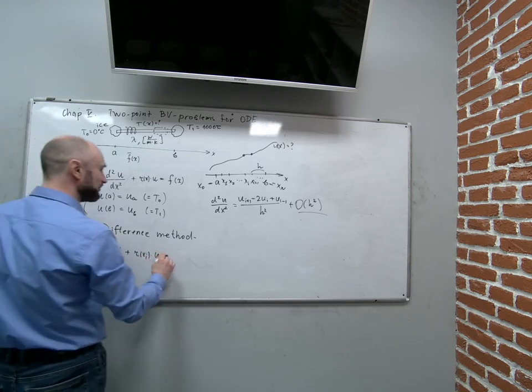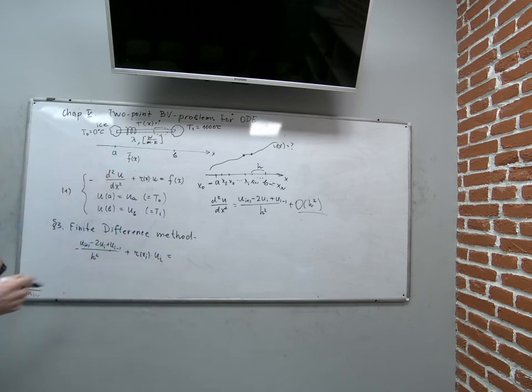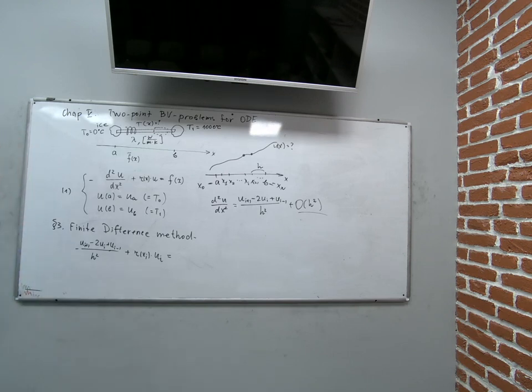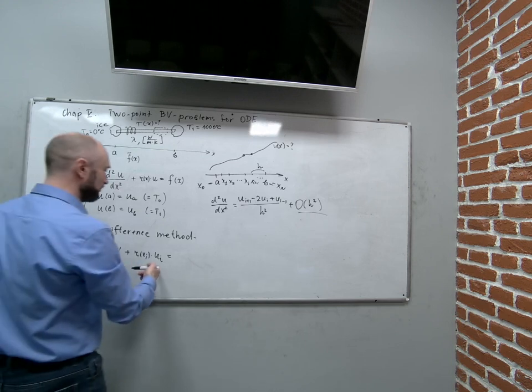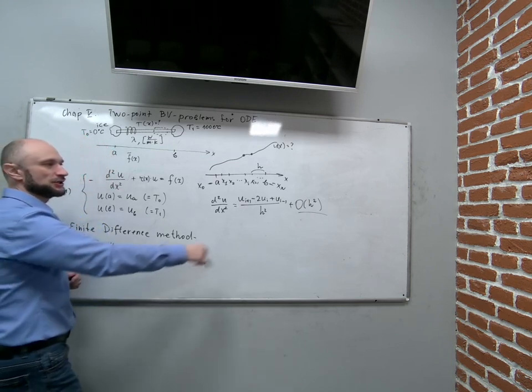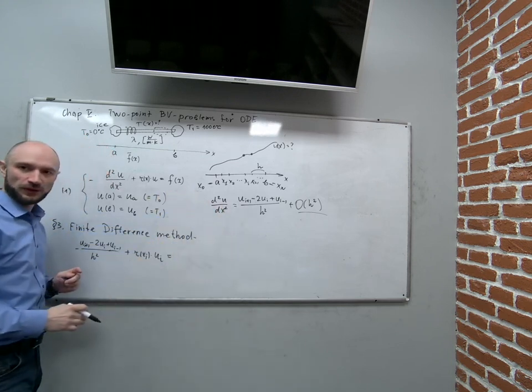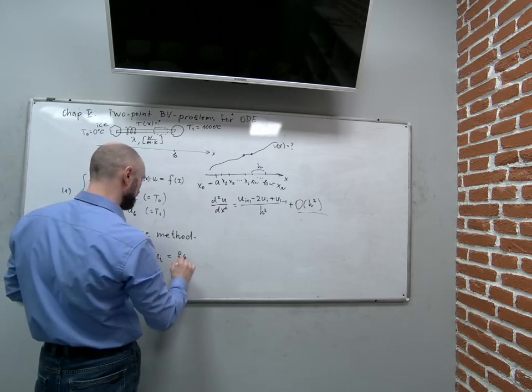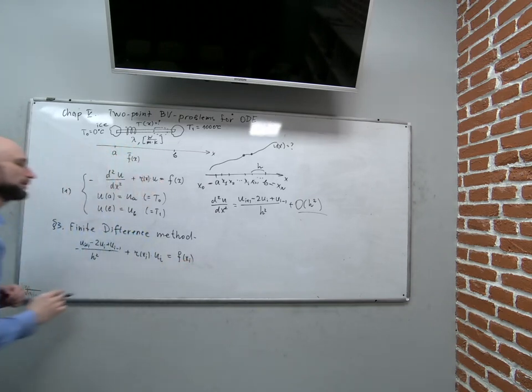If we know something specific about the behavior of our solution, we can use another approach. We can use the average of several points and so on. But it would not change the whole order of approximation for the whole equation. And we take this right-hand side also at point I.